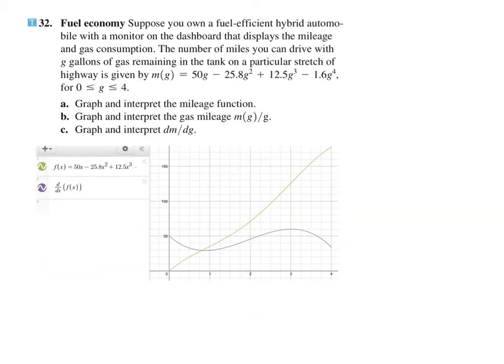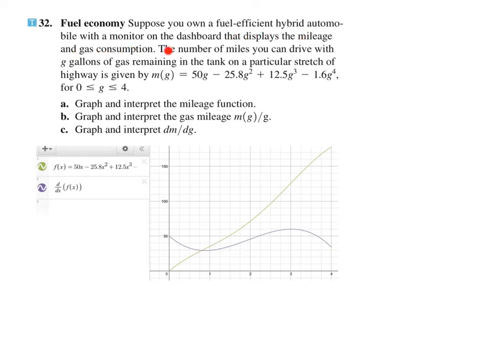On the last question, number 32, this is a question about fuel economy. This is an interesting question and an interesting function. Suppose you own a fuel-efficient hybrid automobile with a monitor on the dashboard that displays the mileage and gas consumption.